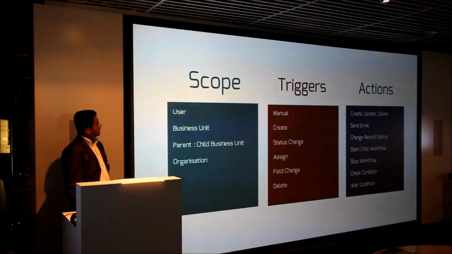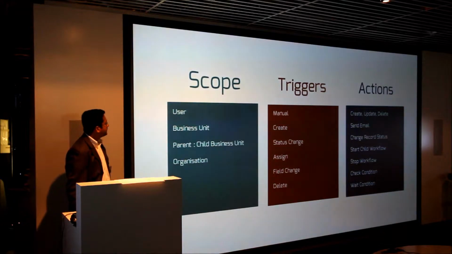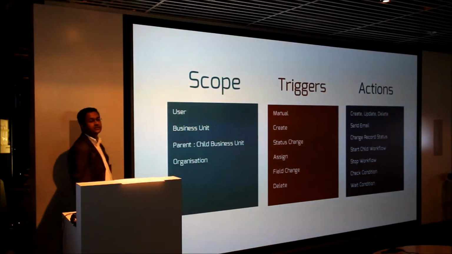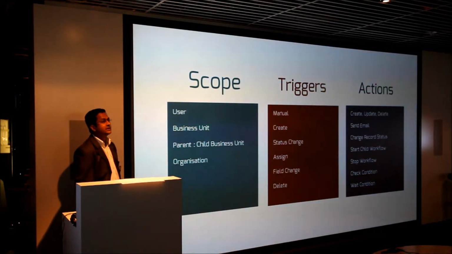Now, as I said, we'll go one level deeper to the technical side of the workflows as well. Under scope, you have user, business unit, organization, parent, child business unit. People who are familiar with Microsoft CRM would know that these are the different levels you can set up.